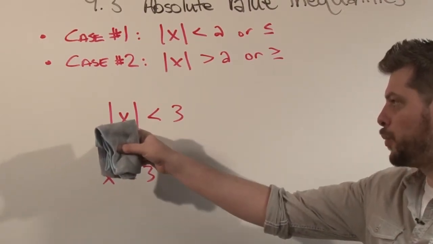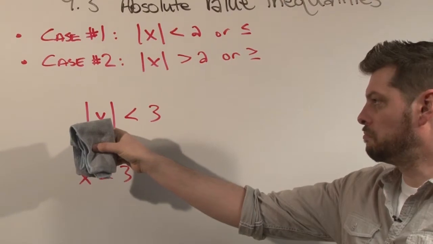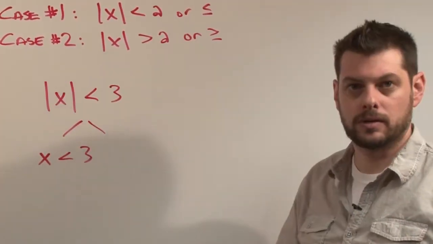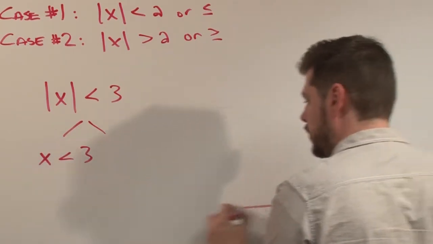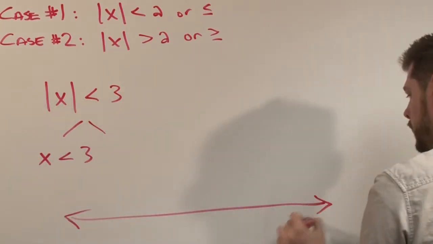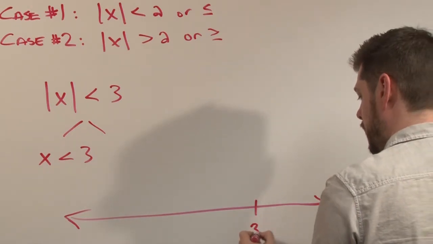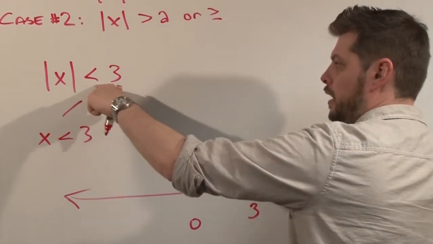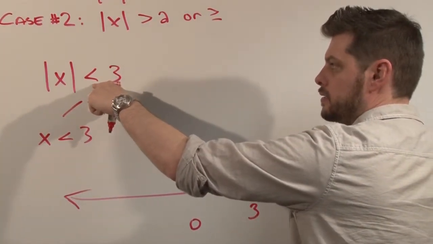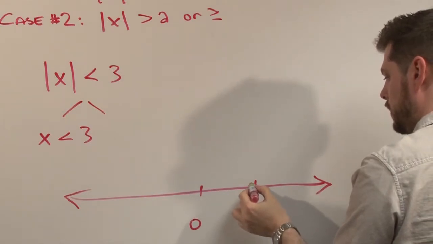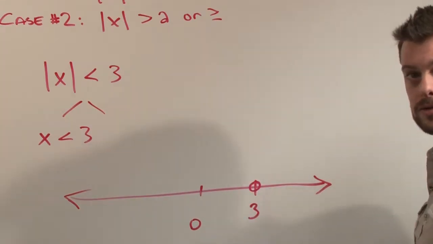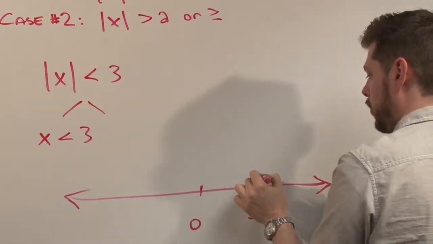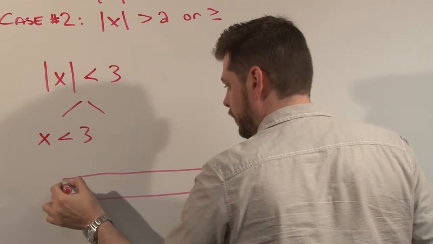If I put the number positive 2 in here and take the absolute value of 2, well, 2 is less than 3. So we could start by drawing our number line at the numbers that are less than 3. And because we're not allowing for equality in this system, 3 is not a solution, so we have to put a border around it. And then we're looking at all of the numbers that are lower than 3.